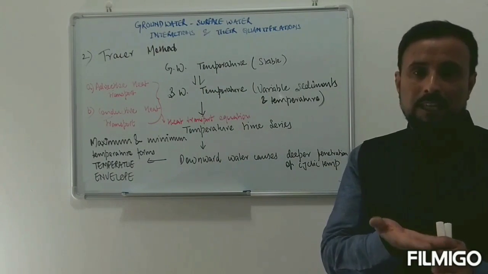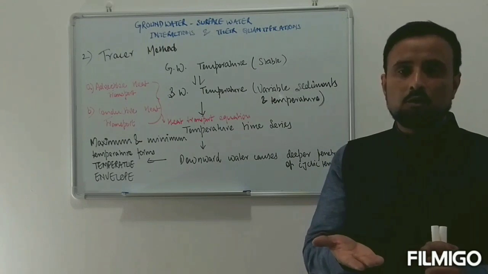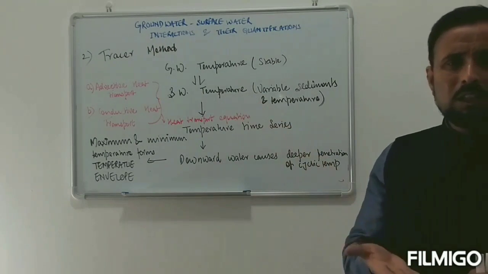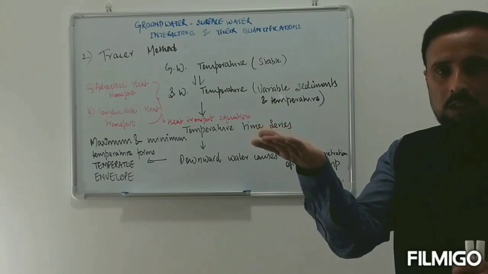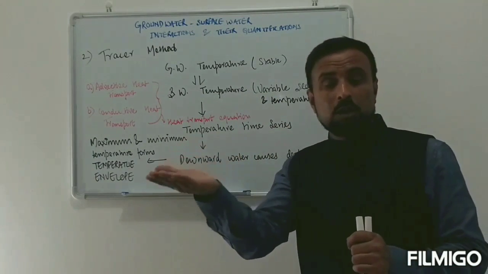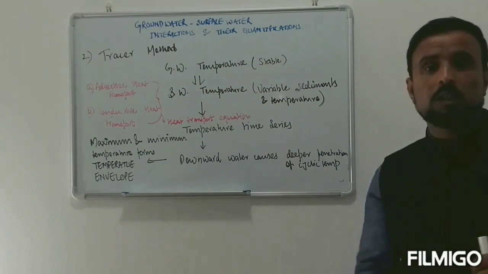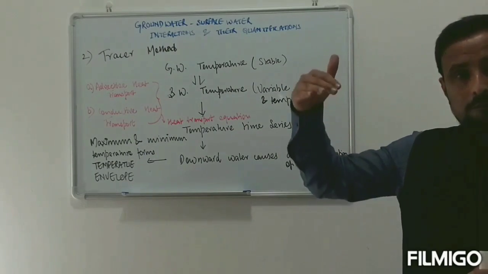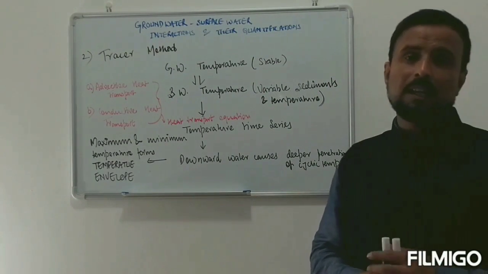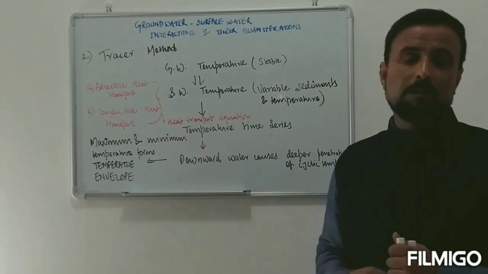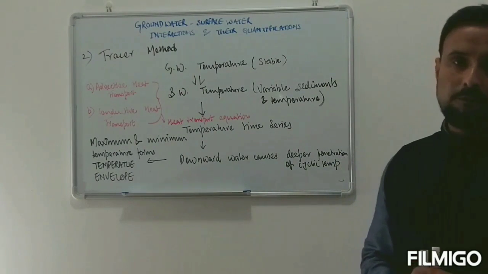When the groundwater comes up, the temperature doesn't change too much. But when the surface water goes down to the groundwater in a losing stream, you can find variable sediments as well as variable temperature conditions in the surface water.